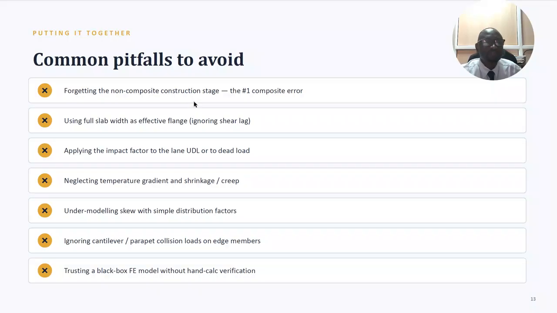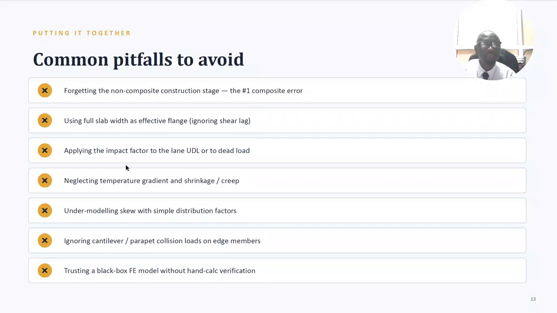Common pitfalls to avoid. Forgetting the non-composite construction stage, the number one composite error. Then using full slab width as effective flange, ignoring shear lag. So it's good to spend some time to get the effective width, not the full. Sometimes we make that mistake. Personally, also sometimes I just take the actual, which is not very good.